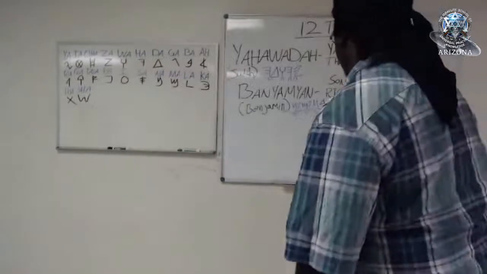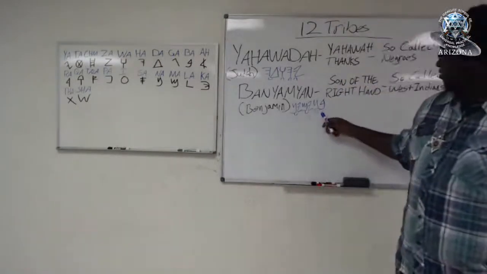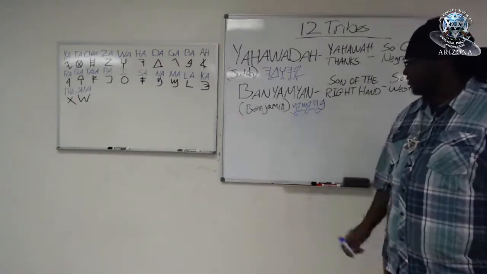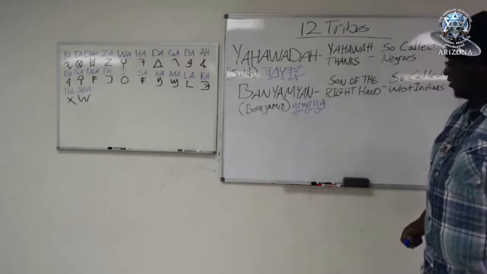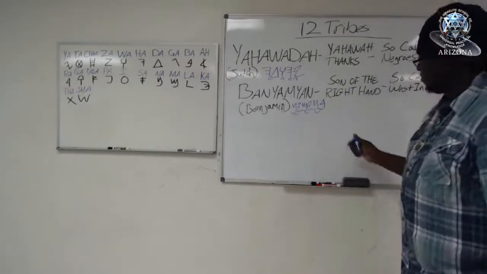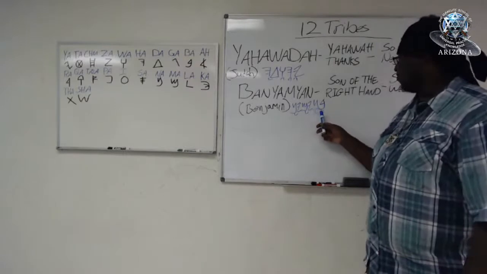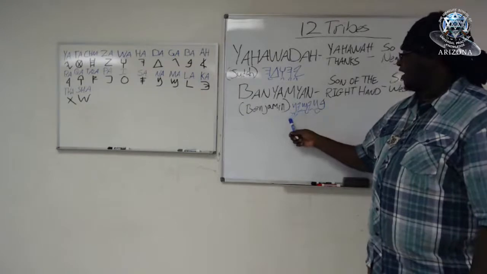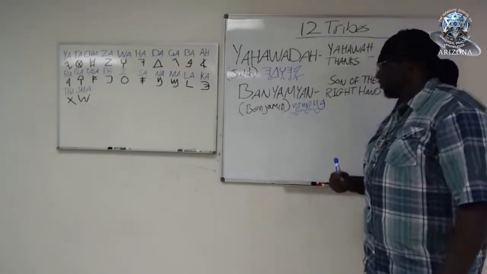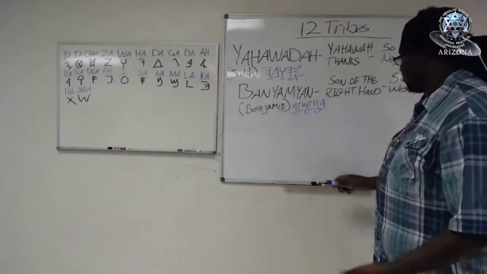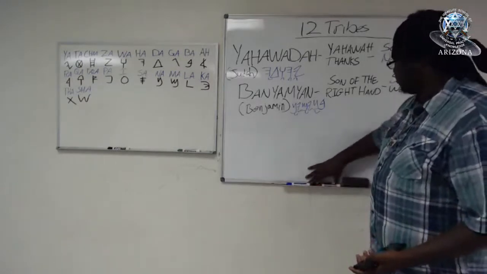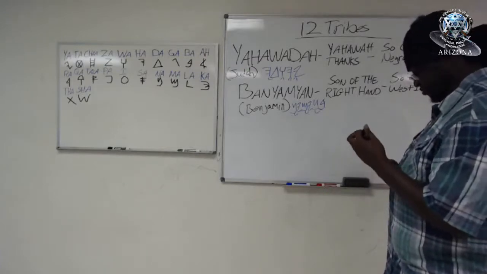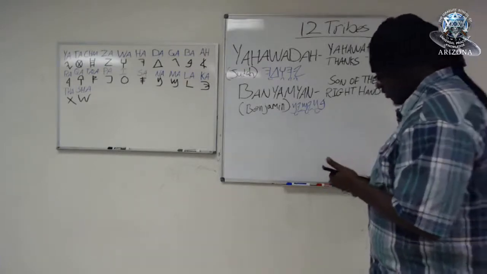So ban, yam, yan would be Benjamin in Hebrew. The ba and the na for ban, the ya and the ma for yam, and the ya and the na for yan. Ban, yam, yan. So it's Benjamin, the so-called West Indian.